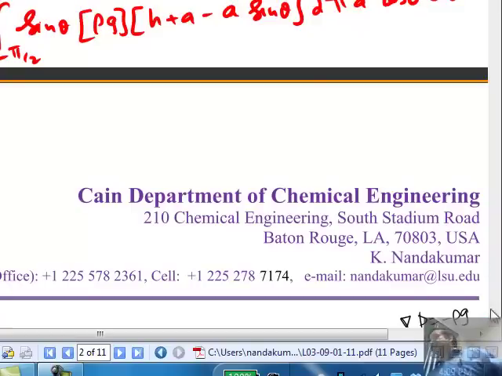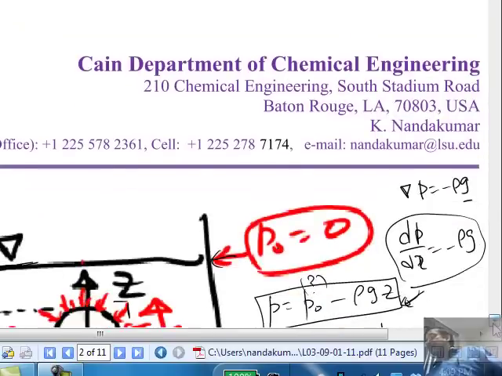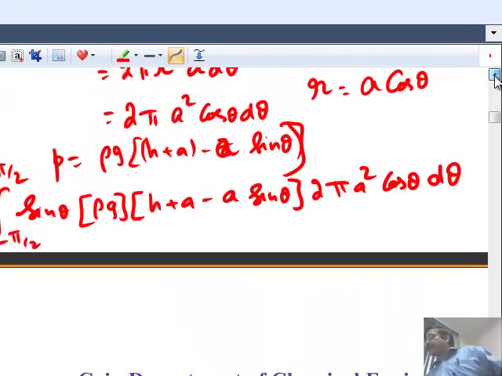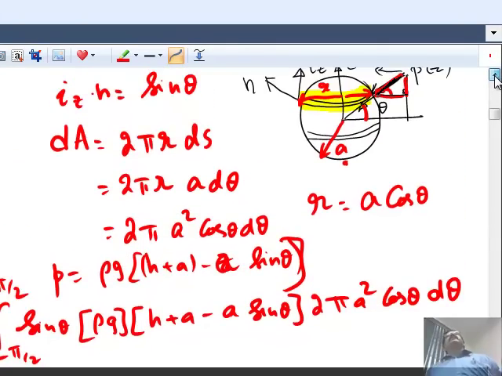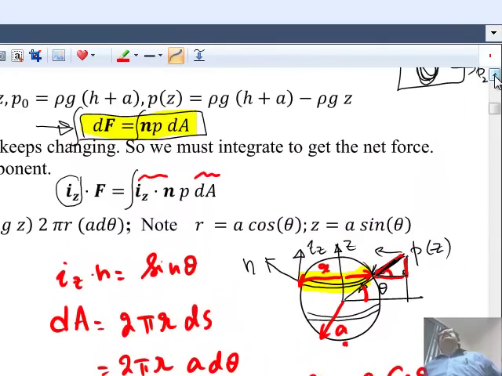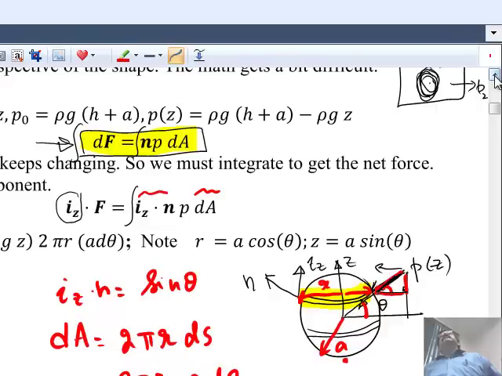If we go back to the equation dF equal to the normal vector times this one, the direction of the normal vector is outward, right? The sign that you get for dF eventually, if it is positive, would mean that it is pointing in the positive z direction.